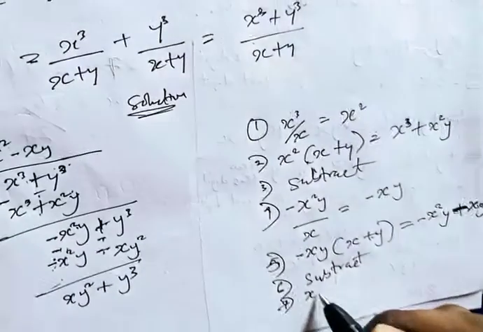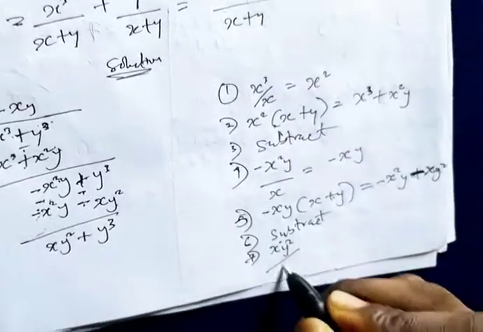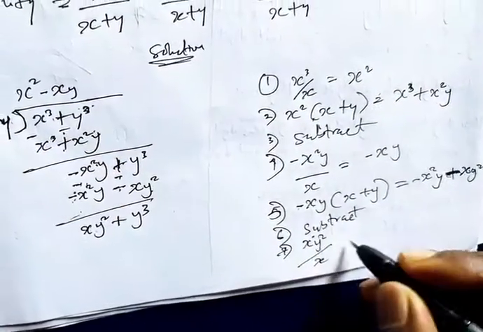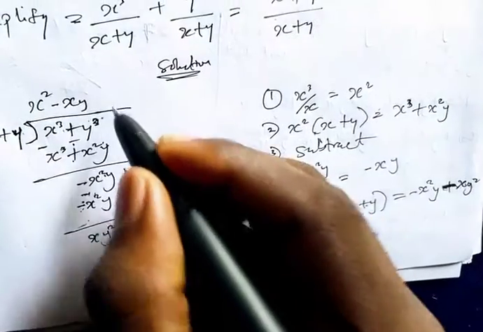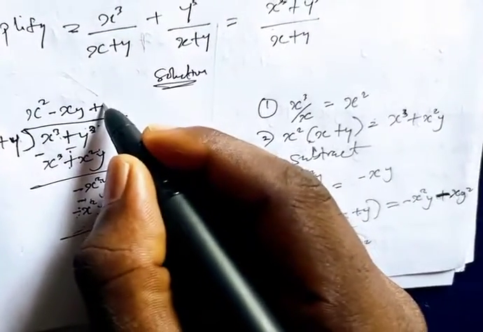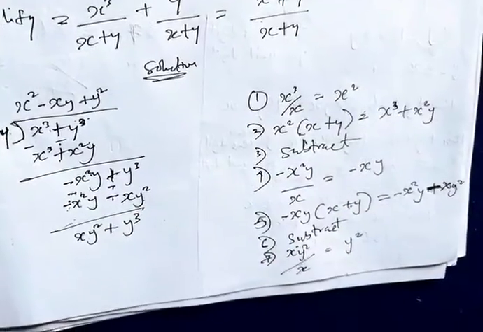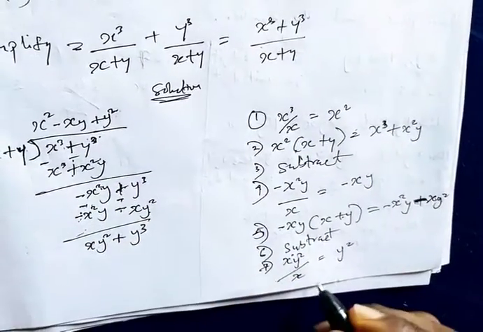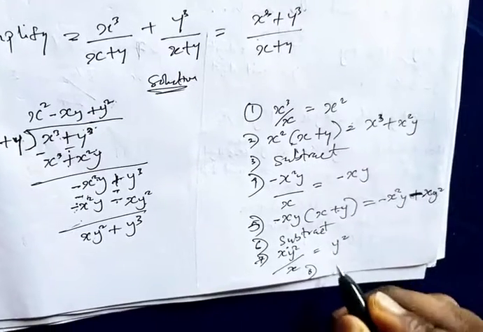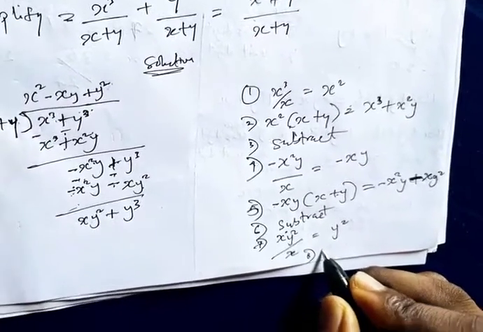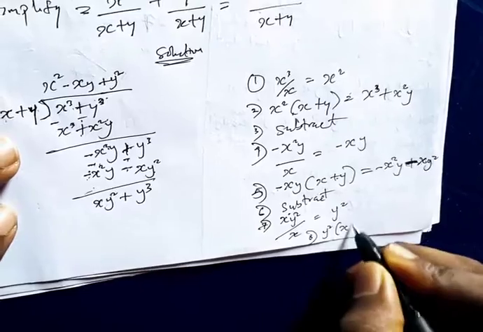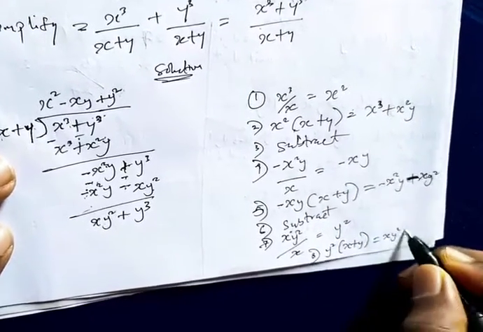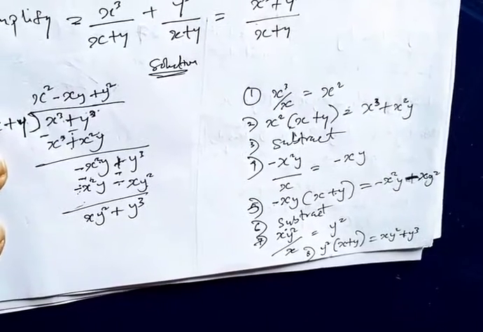I say xy squared divided by x, this x here, to give me y squared. So I'll have plus y squared here. Then I'll multiply y squared by this, which is the eighth step. So y squared multiplied by x plus y to give me xy squared plus y cubed.